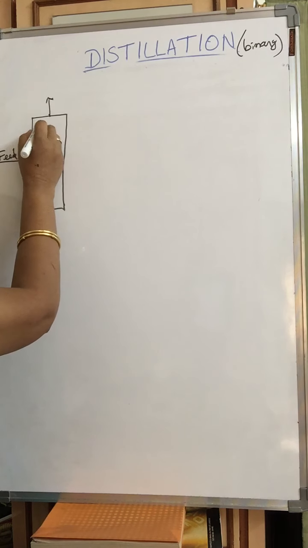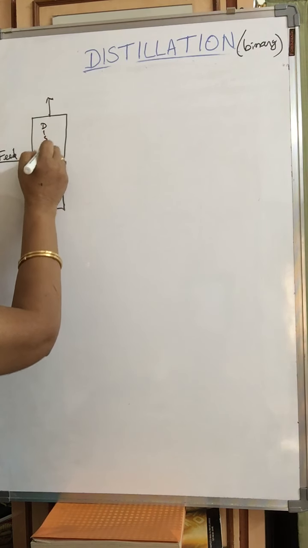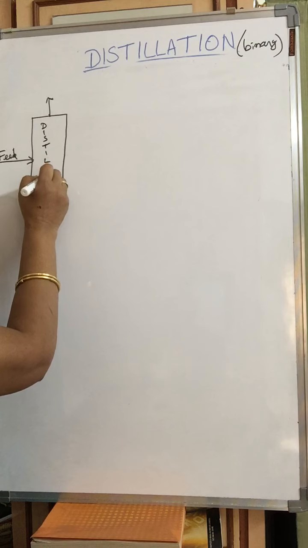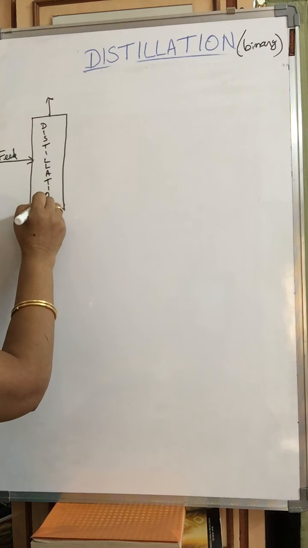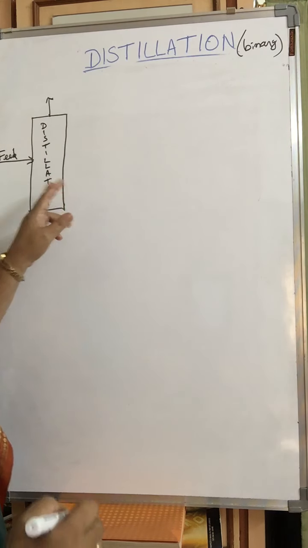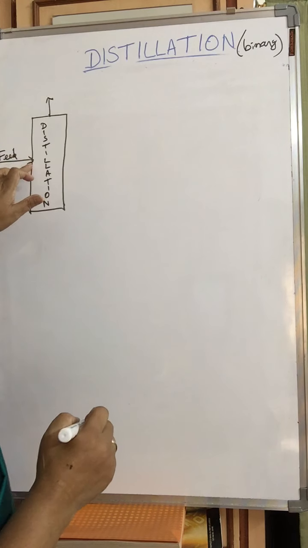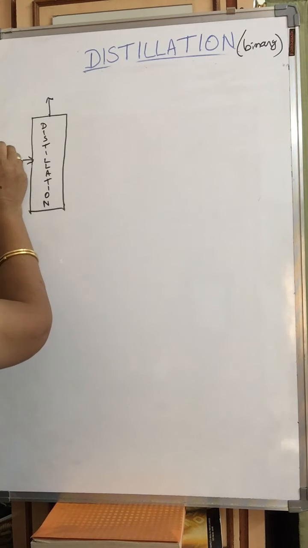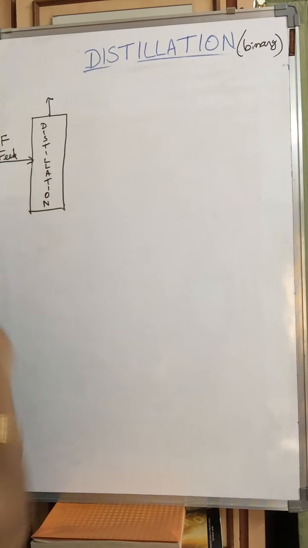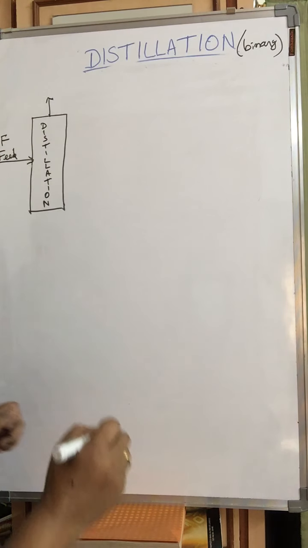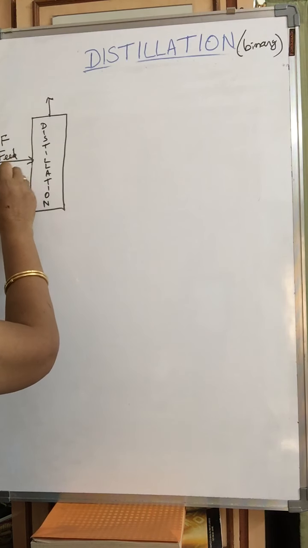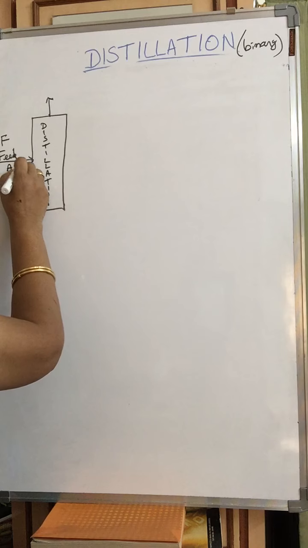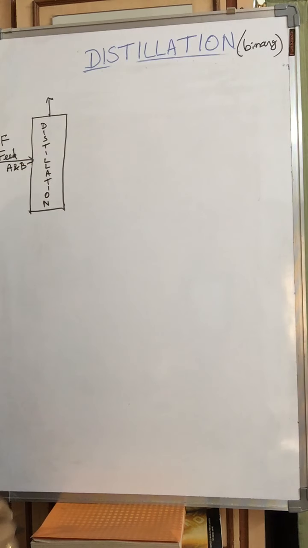Here, let this be the distillation column. We are sending the feed here. Let the feed be F kg or grams, whatever it is, and this contains two components, A and B.